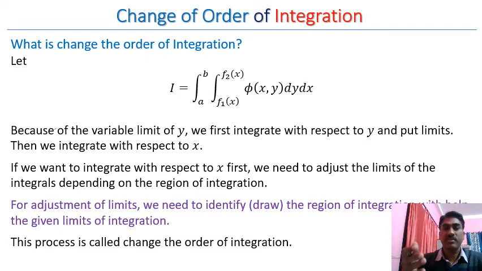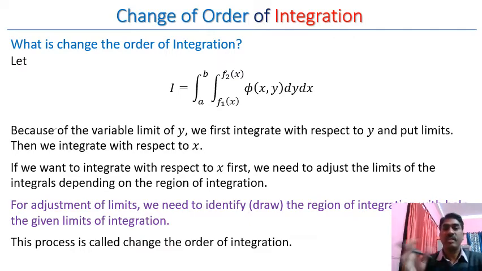So you see that there is an order: first we integrate with respect to the variable which has variable limits, then with respect to the variable which has constant limits. So this is the order.